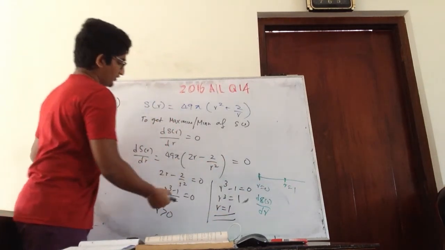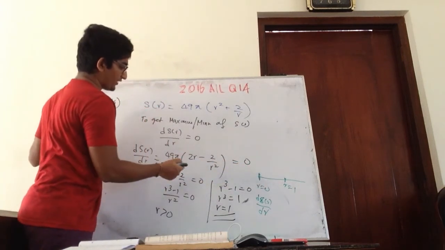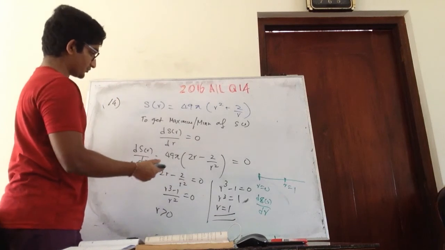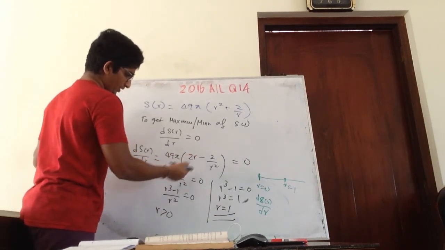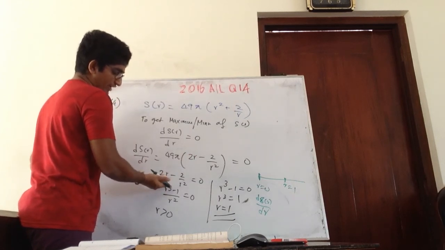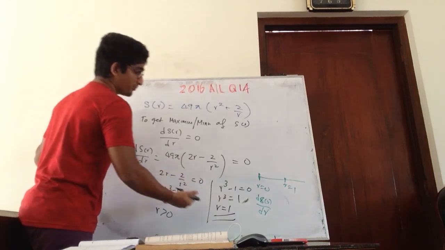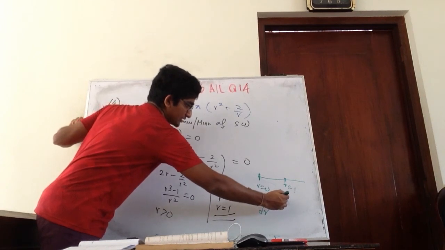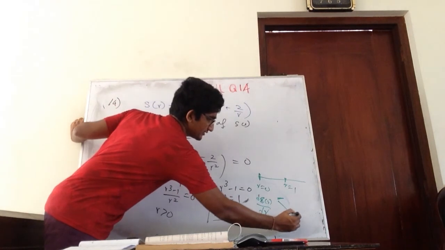So now if you put something like 0.5 here, 0.5 cube minus 1 over R square, this will be negative.